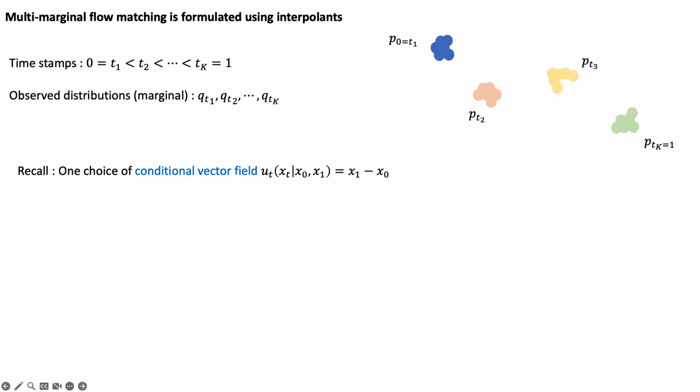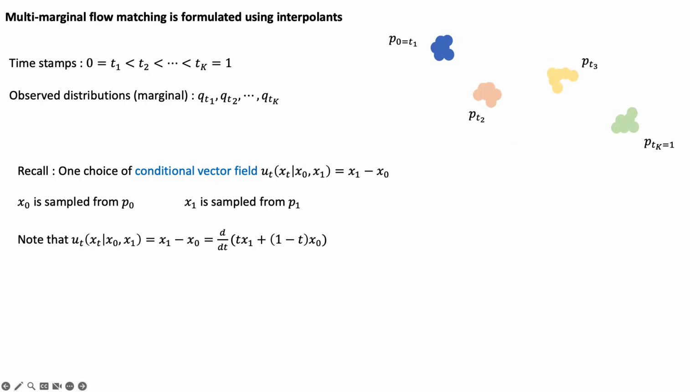For instance, one choice of conditional vector field can record the initial point and final point. If you have the initial and final point, then it can be some linear constant velocity. So here, the initial point is sampled from the initial distribution, and the final point is sampled from the final distribution.